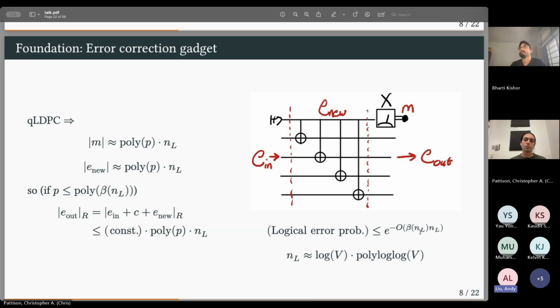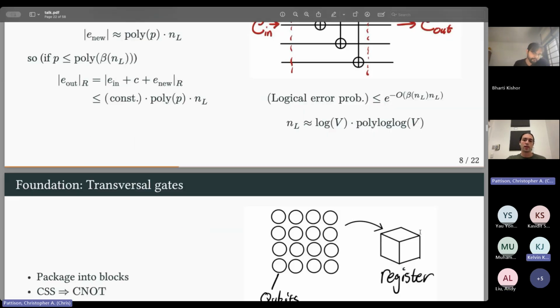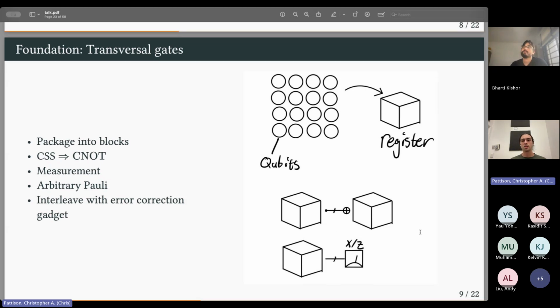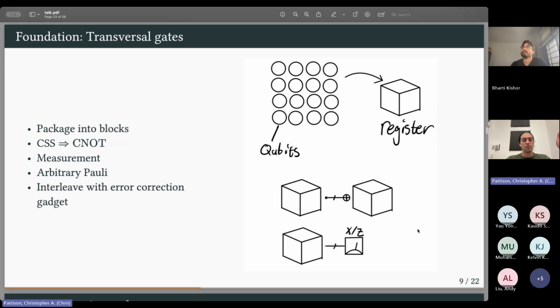Okay, thanks. Great. So now we know how to fix errors. Now let's talk about how to do computation. These codes encode more than one logical qubit per code block, and that's going to cause some challenges. First off, these qubits are packaged up into what I call a register.